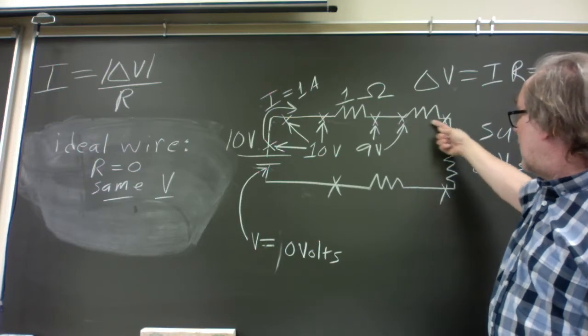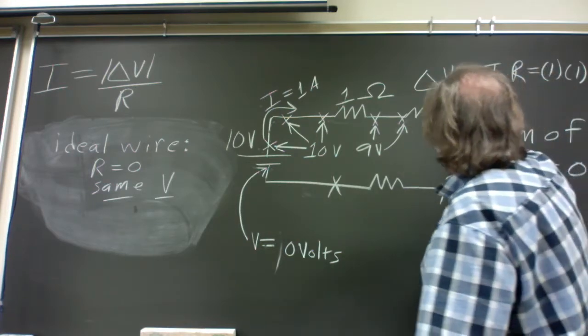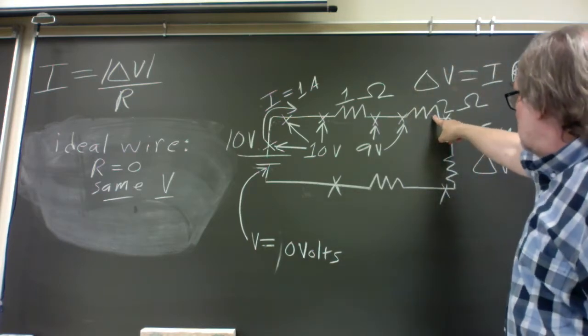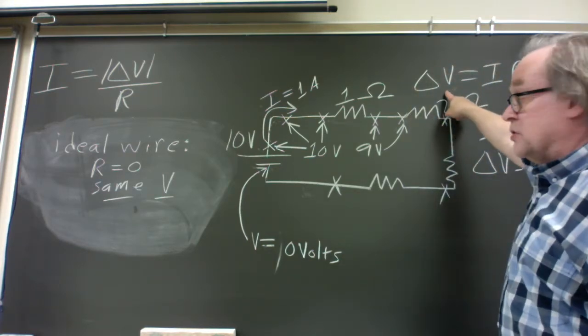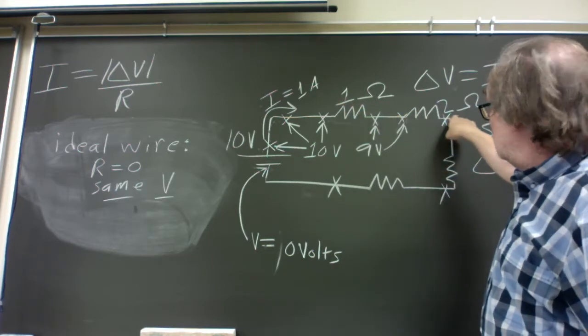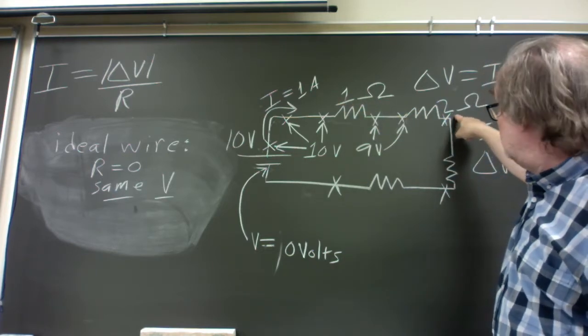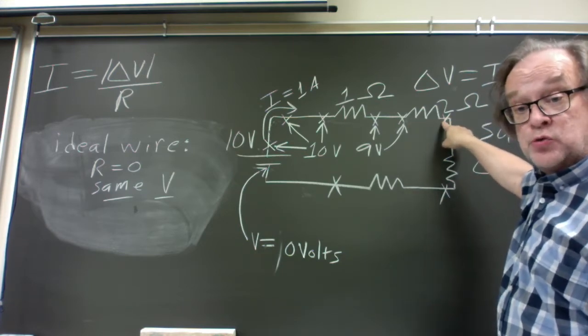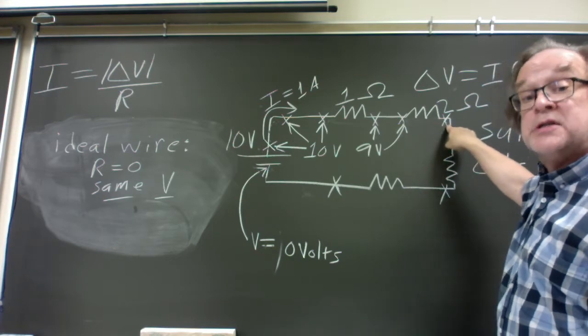And again, how much lower? Well, let's say this is 2 ohms. So delta V is I times R. I is still 1, resistance R is 2, so the potential difference here is 2. This point is 2 volts less than this, or this point is 7 volts.